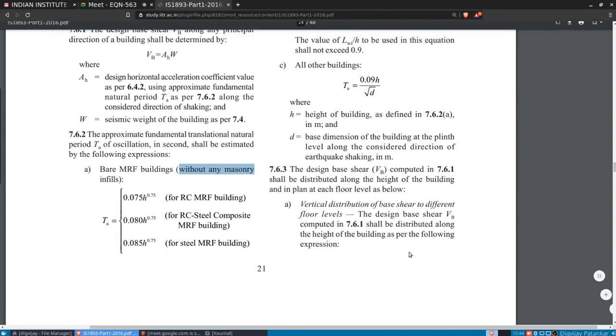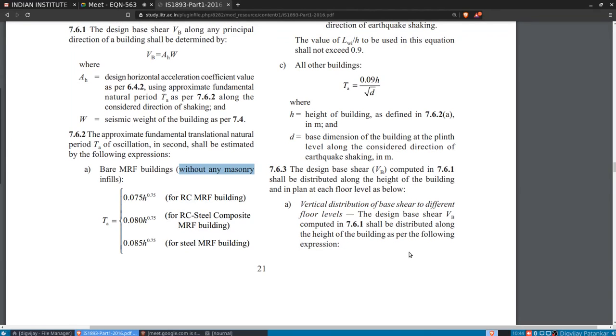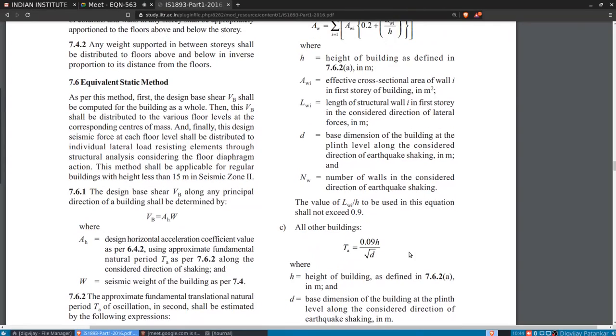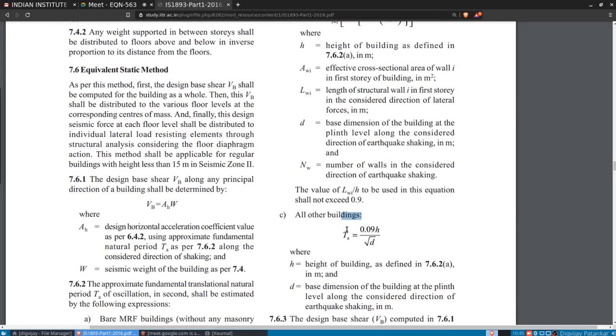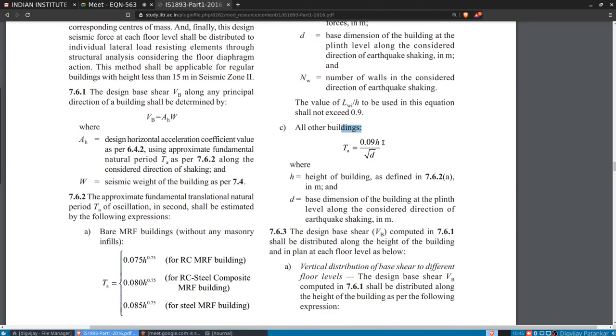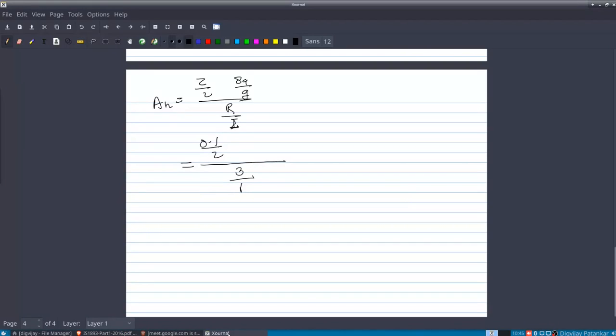It is without, sir. So I told you that my frame is moment resistant frame with masonry infill walls. So C will be this. Yeah, C is the answer. Because for all other buildings, the masonry infill for RC frame building, this expression you should use. So 0.09 H upon root D. So height of the building. What is the height of the building here? 10 meter. Height of the building.